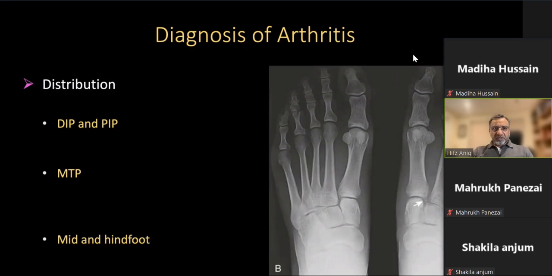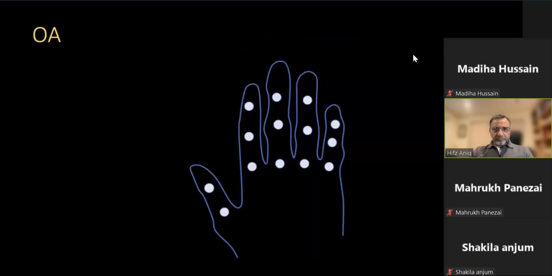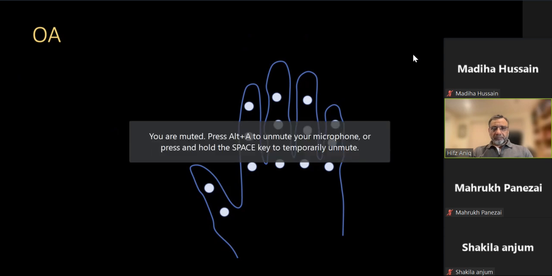So, what is osteoarthritis? Very common in the hand.